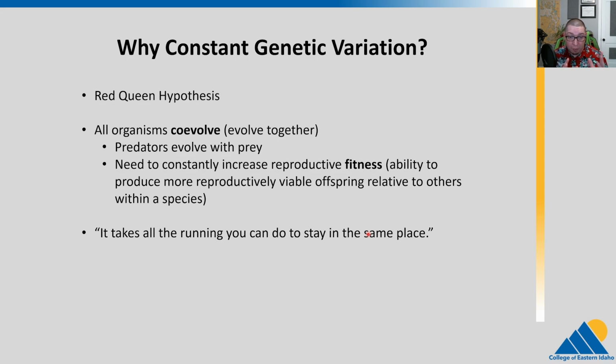You get some sort of new innovation, but then your competitors get a new innovation. So all organisms are co-evolving. They're evolving together. Predators will evolve, and then the prey will evolve, and then the predators will evolve. If they don't do that, somebody's going to go extinct, right? And that's problematic. We've seen lots of extinctions throughout the history of the Earth. There were dinosaurs.